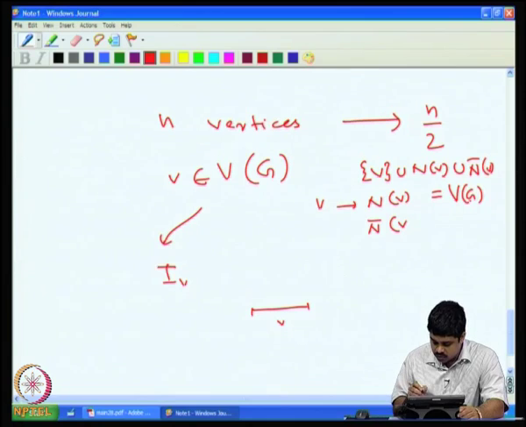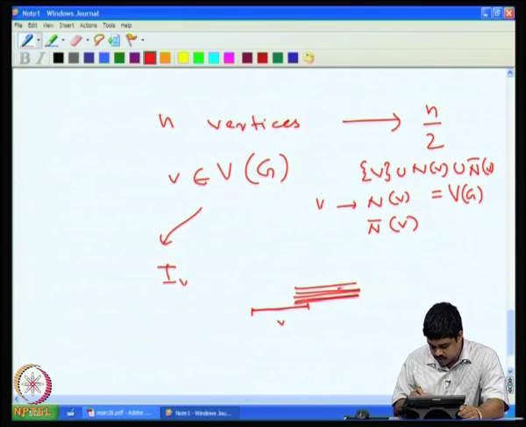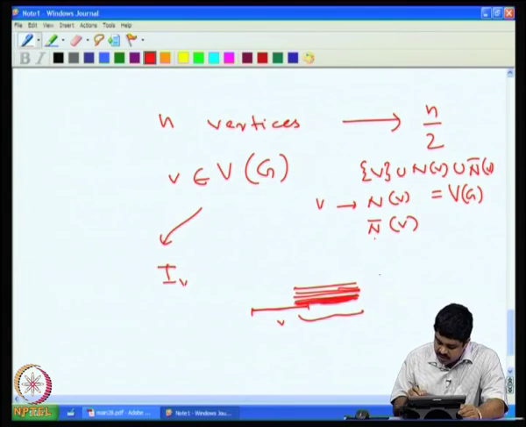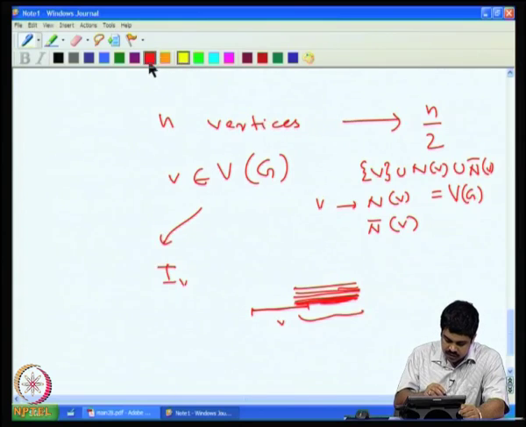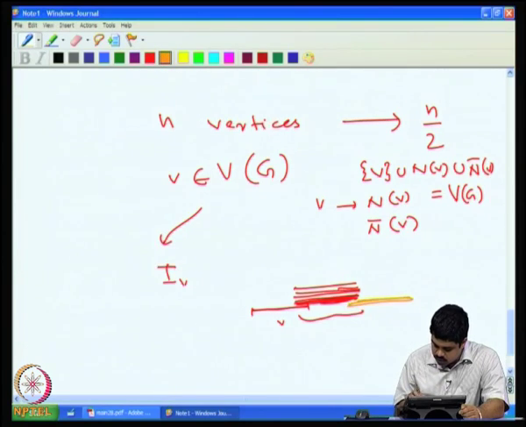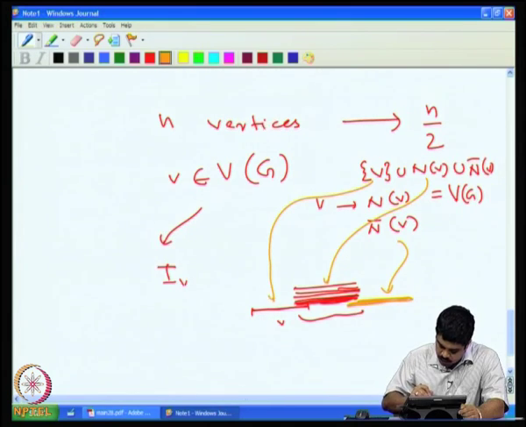If this is v, all the neighbors of v can be placed here, one on top of the other, because the same interval can be given to them, touching v. Then N bar of v comes after that. This is an interval graph.